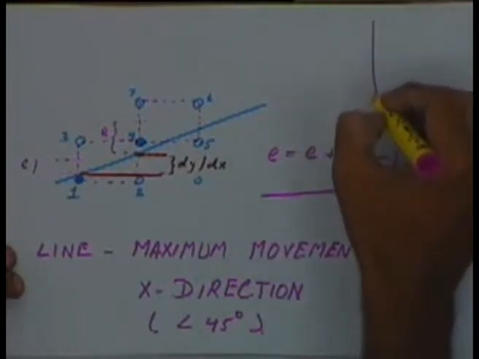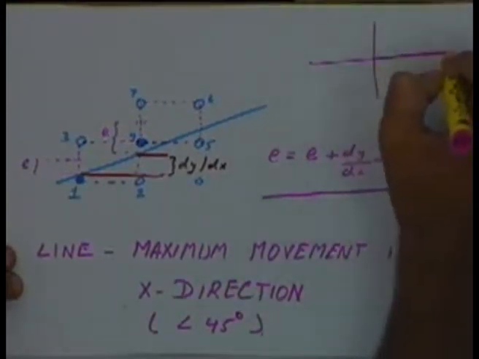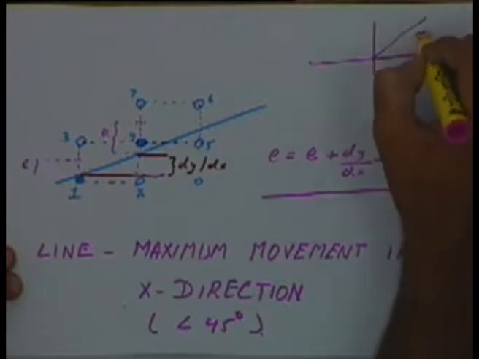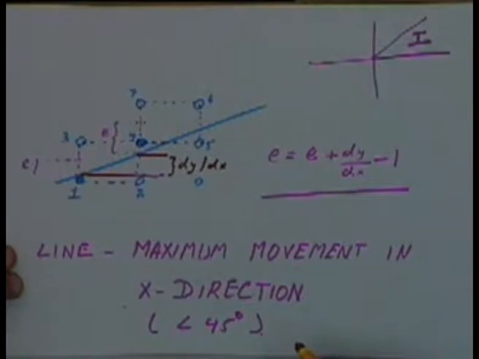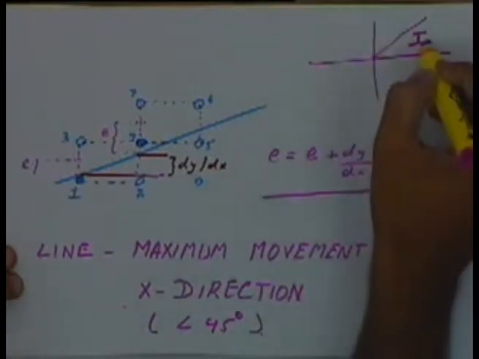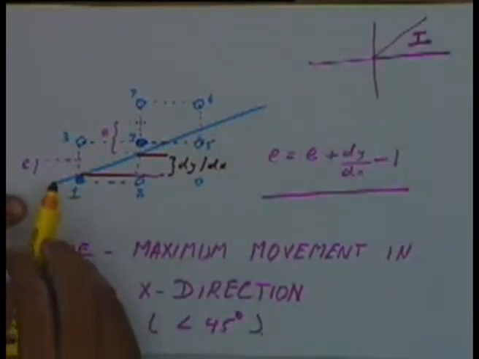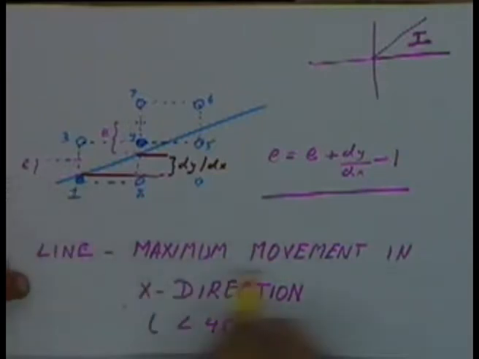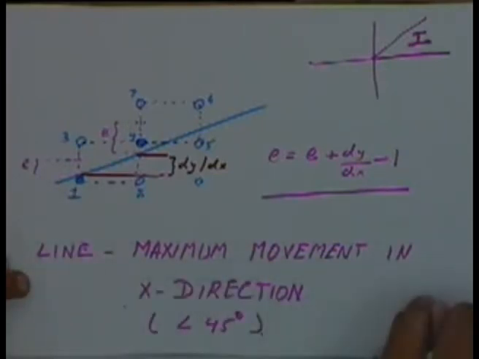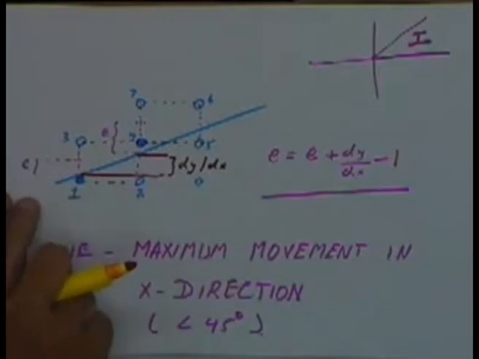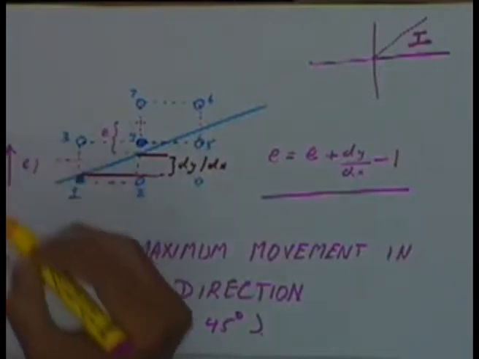If you consider octants, this particular case is for the first octant. And in the first octant, my direction of maximum motion is the x direction, and the error that I am measuring is in a direction perpendicular to that.